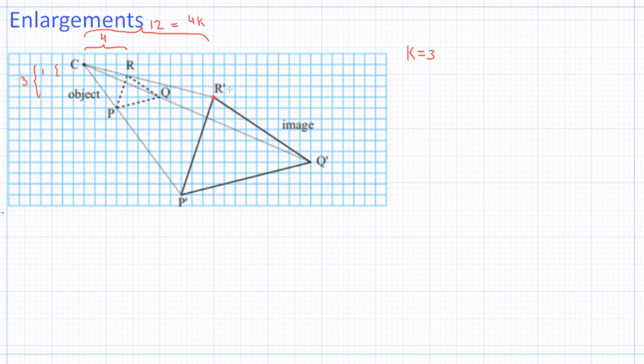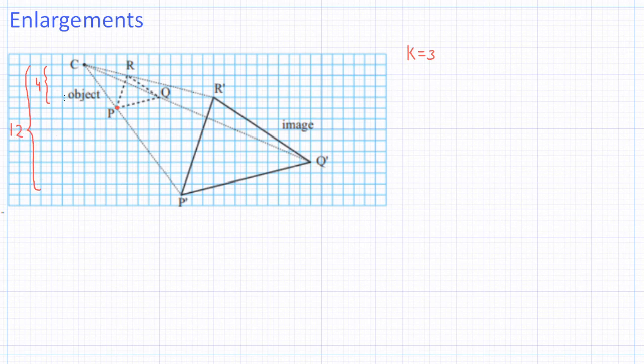So let's see for point P. Now we're looking at this point and we want to find P prime. How much have I gone down? 4. So this length was 4. We can already calculate that this point P prime is going to be 12, so this whole length should be 12.